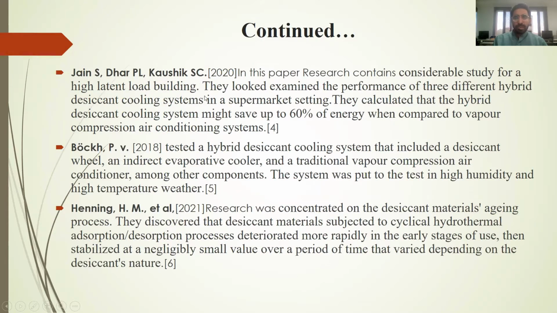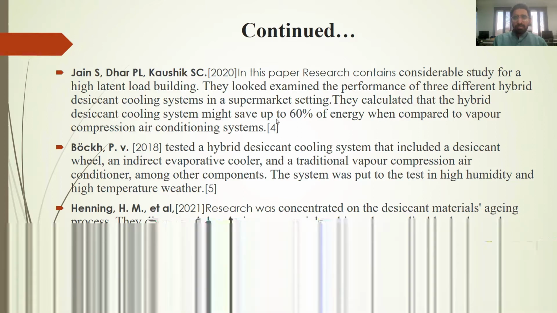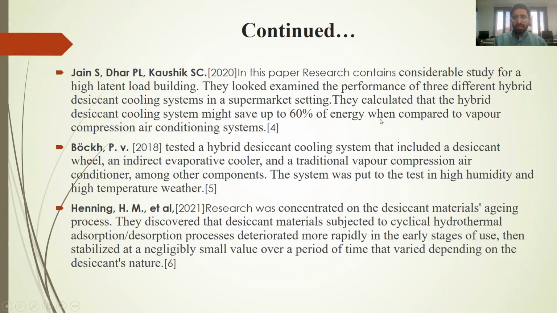In the fourth paper, the research is conducted about the high latent loads of buildings. And it is proved that by using a desiccant cooling system, it might save up to 60% of energy when compared to vapor compression air conditioning systems.